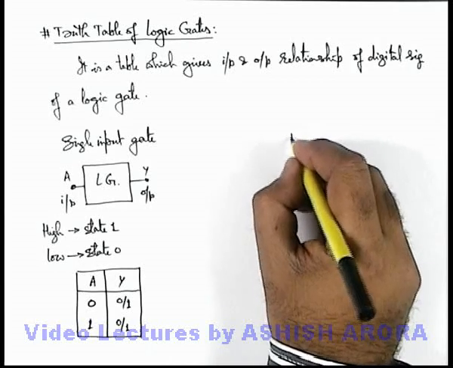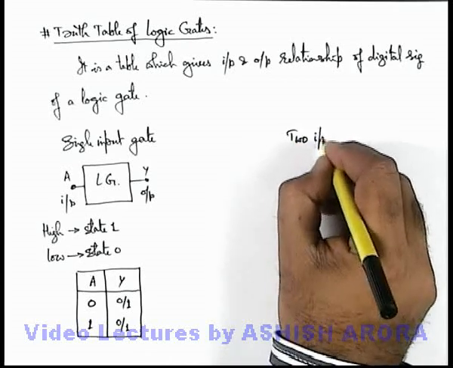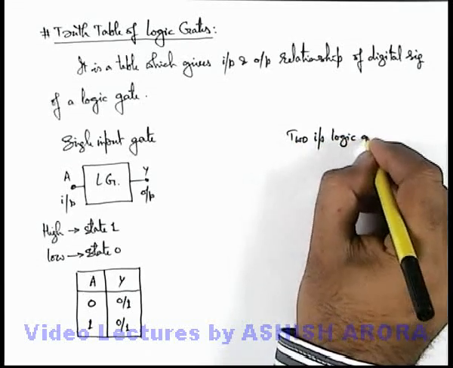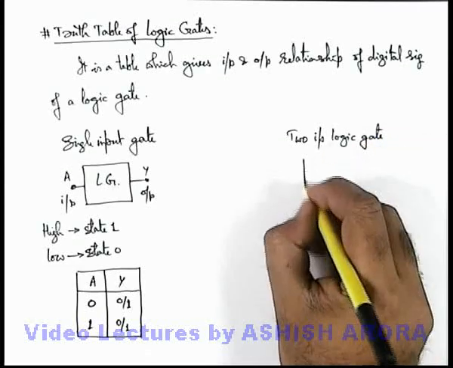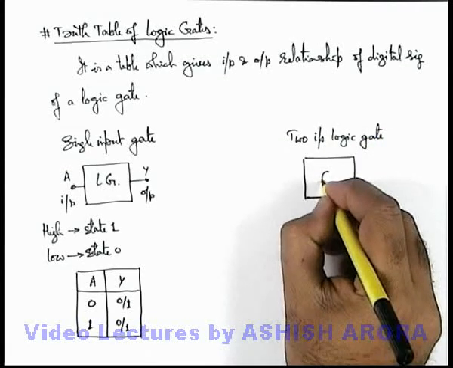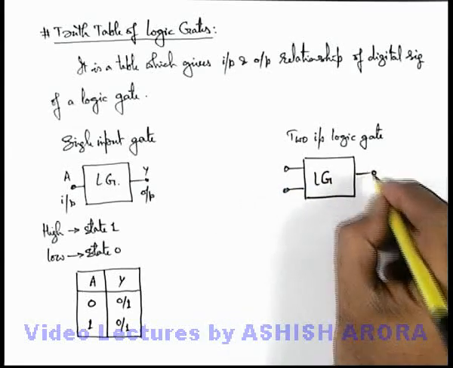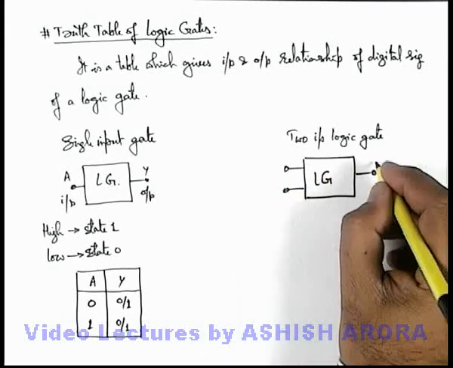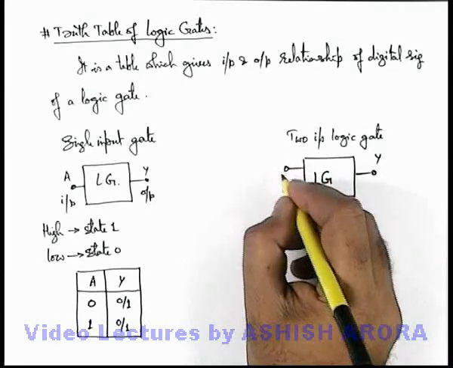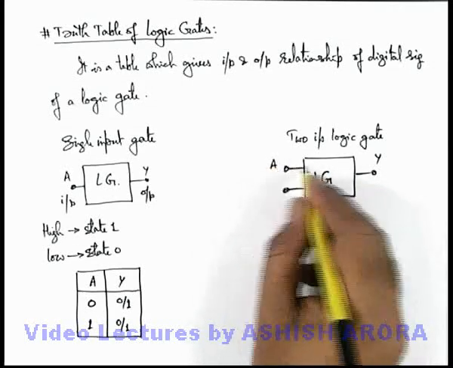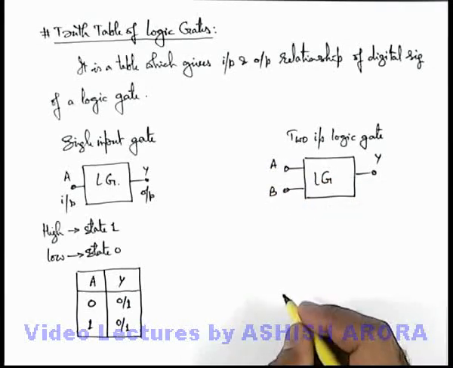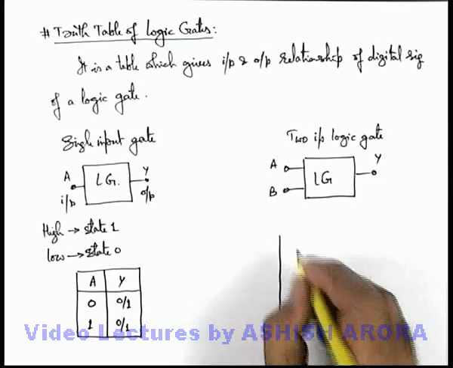If we talk about a two input logic gate, consider a logic gate which has two input terminals and one output terminal. Say the output is named Y and the input terminals are named A and B. So its truth table we can draw like this.